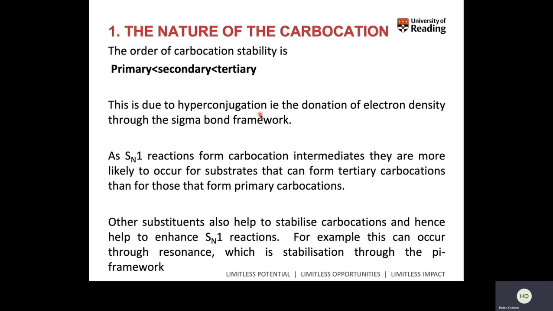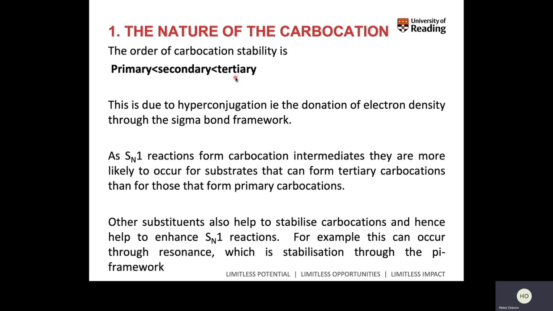In hyperconjugation, we get donation of electron density towards that positive area of the molecule through the sigma bond framework, so through the single bonds. Wherever you've got single bonds, you've got electrons, and that electron density can stabilise the positive charge. So the more single bonds that you have, the more stable that carbocation will be.